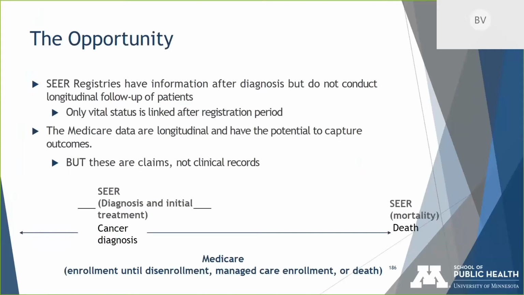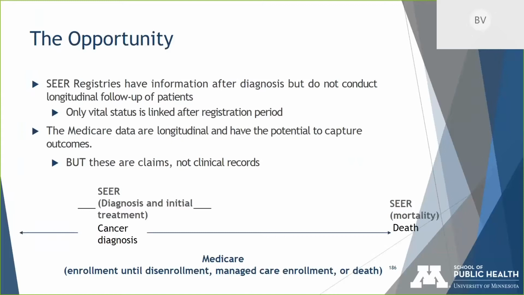SEER-Medicare data really provide a unique opportunity for studying cancer because the SEER data provide great information surrounding diagnosis and initial treatment. That's something that other claims data sources don't necessarily have. You don't have stage at diagnosis. You don't have a definitive month of diagnosis, although you can try to infer it.